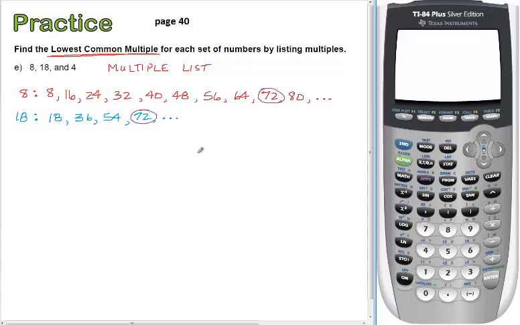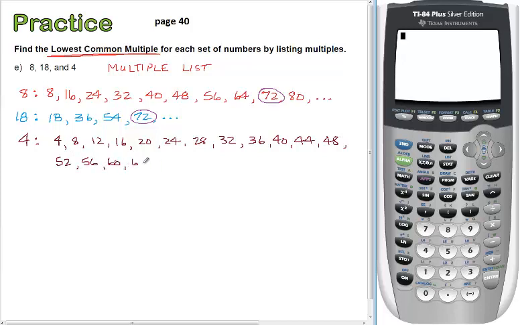Now, if 4 is a multiple of 72, then 72 is our answer. You can actually go and list all the numbers for 4 if you want. I'll do that quickly. 4, 8, 12, 16, 20, and 24, 28, 32, 36, 40, 44, 48, 52, 56, 60, 64, 68, 72.